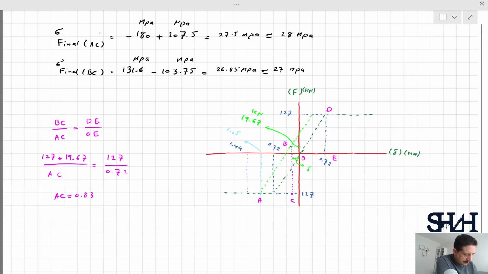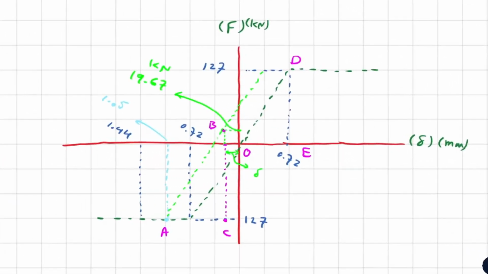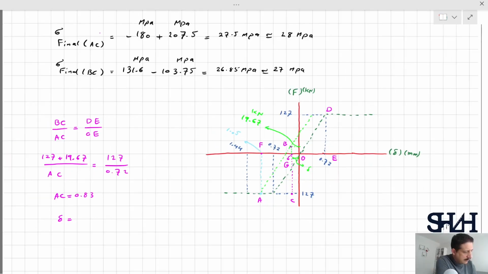Now, delta can be calculated as, if this point is F and this point is G, it will be OF minus FG. We know that FG is the same as AC, so it will be OF minus AC.